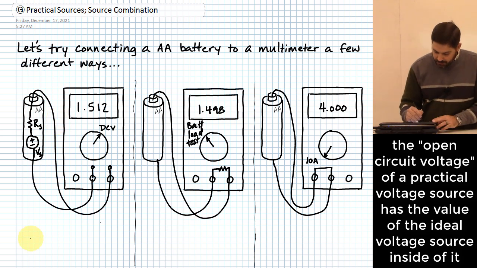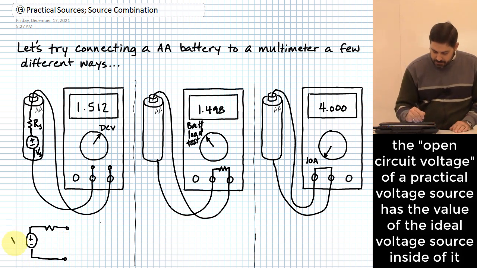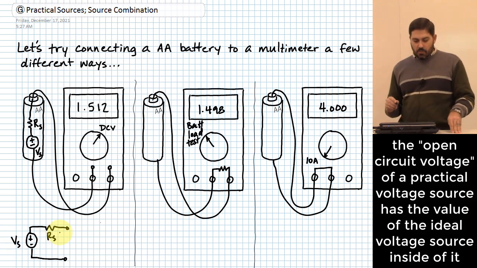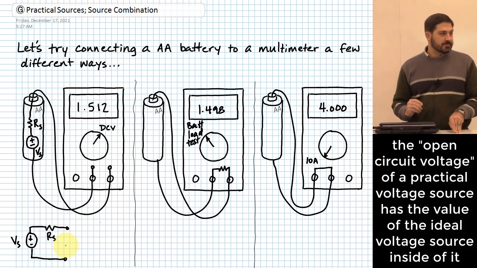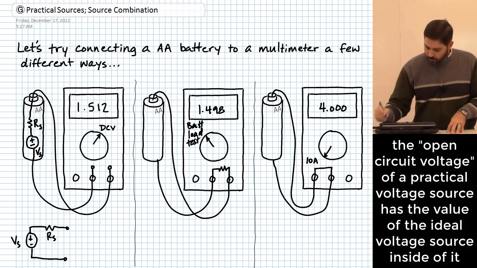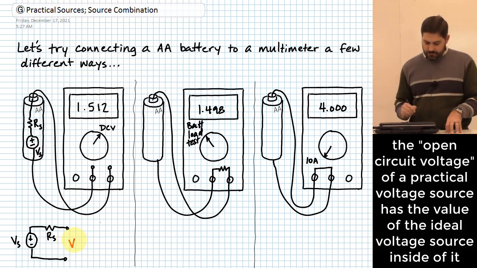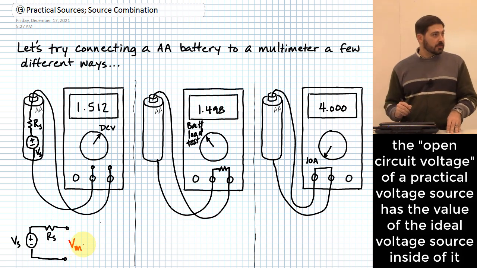No. So really what I've done there is set up a voltage that goes through a little resistance, that's R sub S, but then it immediately doesn't have a path to go through. So this is Vs, this is Rs. Now here's my question. What voltage should I see at the terminals of that little network that I've made right there? What voltage would I have right here? I'll call it Vm, for the voltage for the meter.